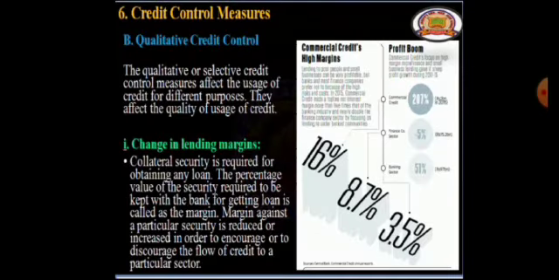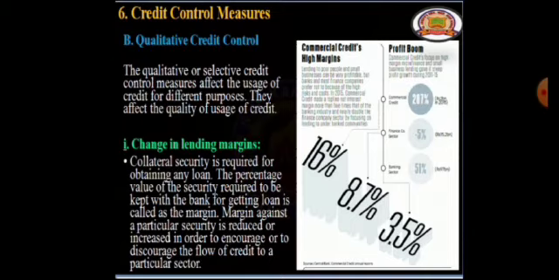The next important topic we are going to learn today is the qualitative credit control measures. These have been subdivided into different types. The first important one is change in lending margin.